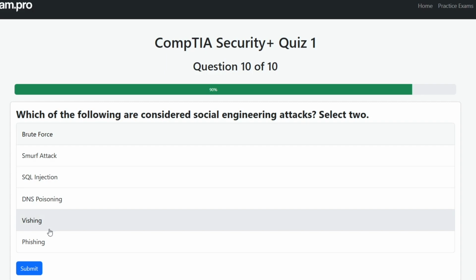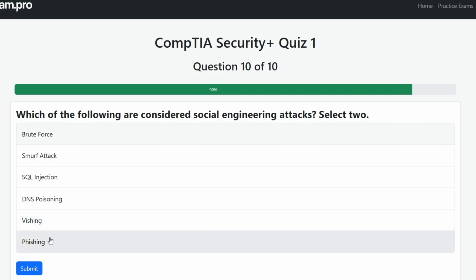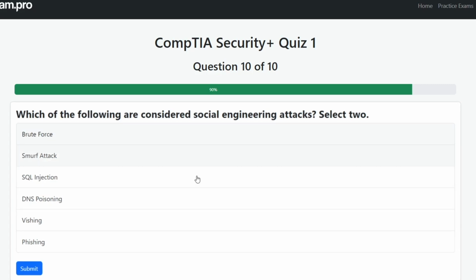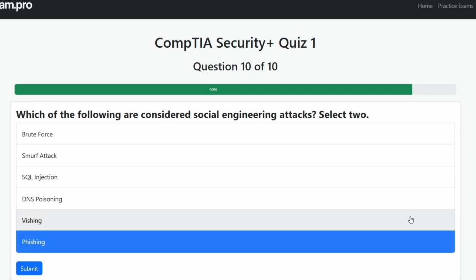Now, vishing is, let's talk about phishing first. Phishing is deceiving users using fake emails, websites, or some sort of way to farm information out of them or steal credentials. Now, that would be a social engineering tactic. Now, vishing is essentially phishing, but using voice communication, like a phone call.